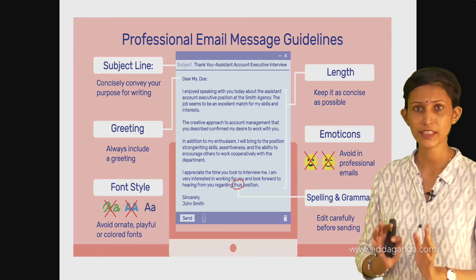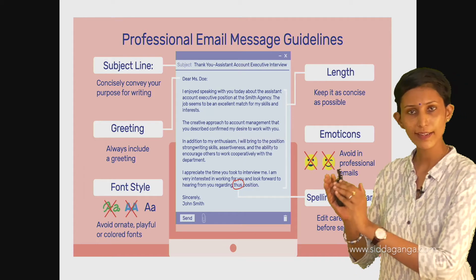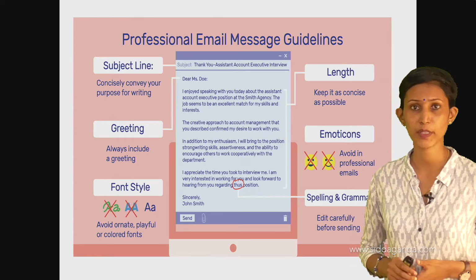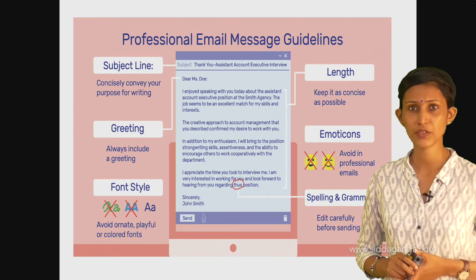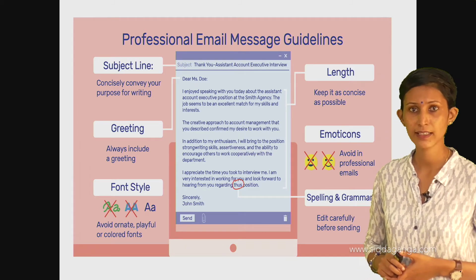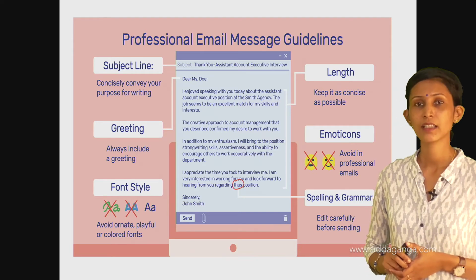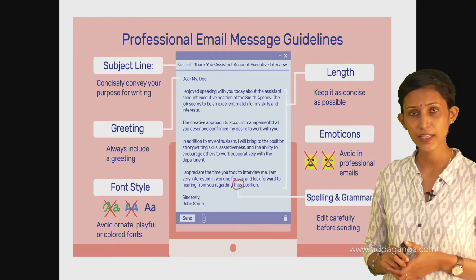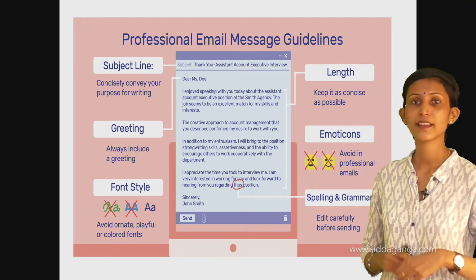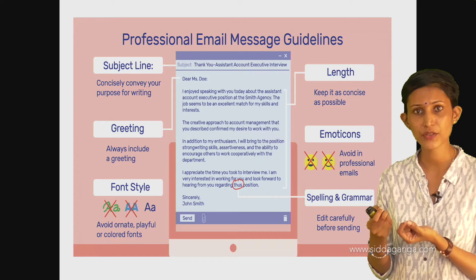Presently you're in college, so if you're sending it to your principal, your teacher, or any authority concerned in the college, then it will always be a formal mail. You want to send it to the authorities of your district, of the state, of the country, anywhere, it should be formal.